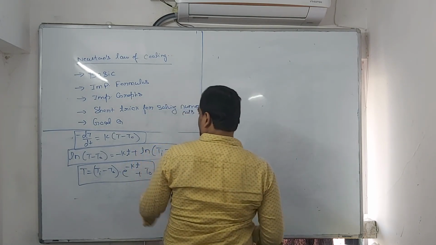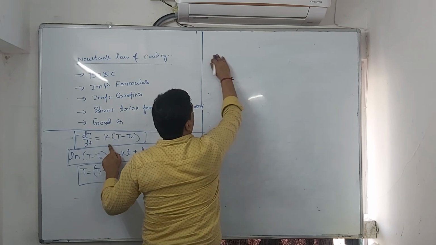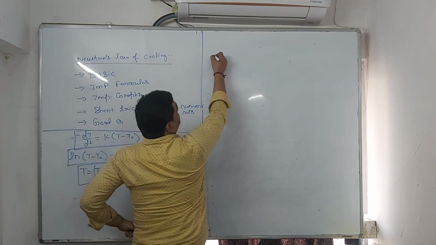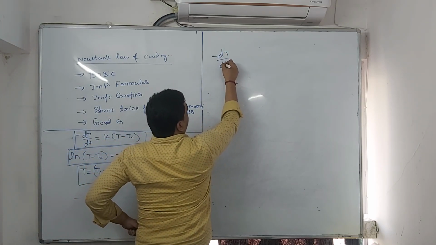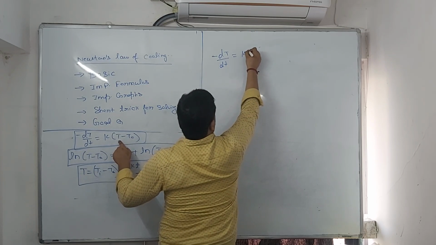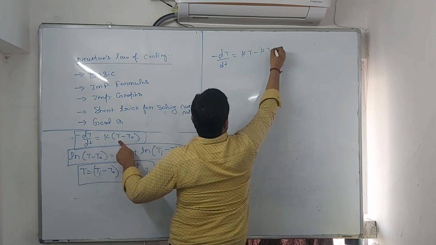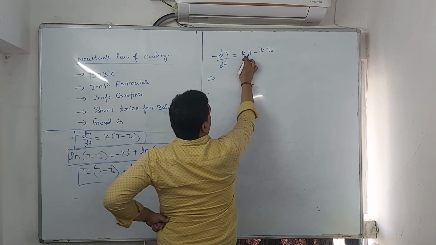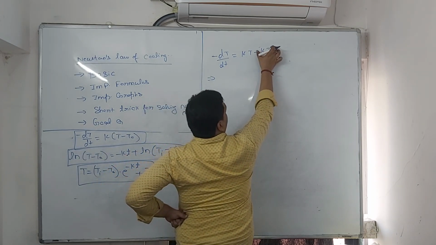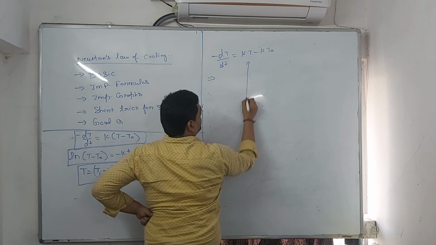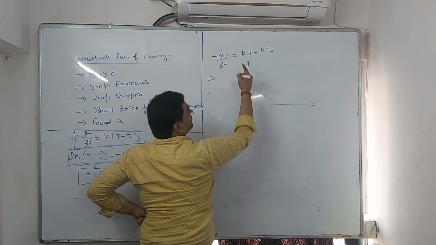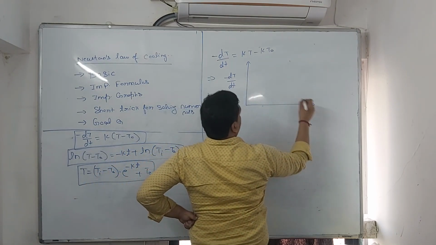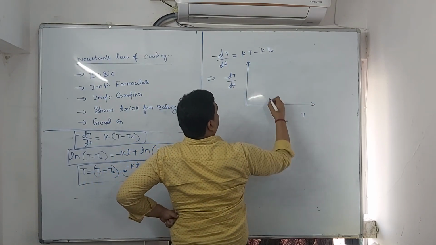Now if we have to draw the graph, let us start from this particular formula. Compare it with y is equal to mx plus c, a straight line graph: dT/dt is equal to k into T minus kT naught. So this will be y is equal to mx, and this will be the y-intercept. Now its slope will be positive here, and the y-intercept will be negative.